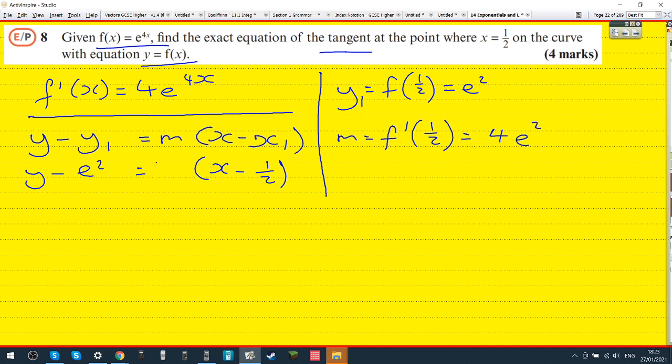Yep. Okay. And so the tangent is a straight line, y minus y1 equals m(x minus x1). They gave us x1 is a half. Sub that into the original to get the y coordinate. Sub that into the derivative function to get the gradient. And so let's make it y equals.